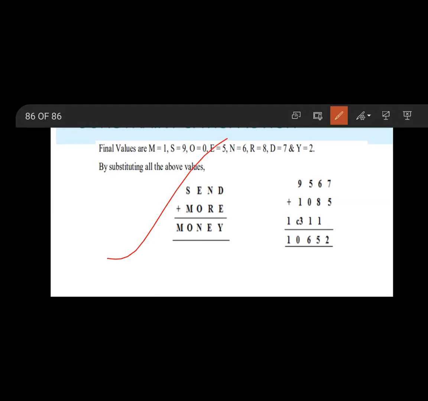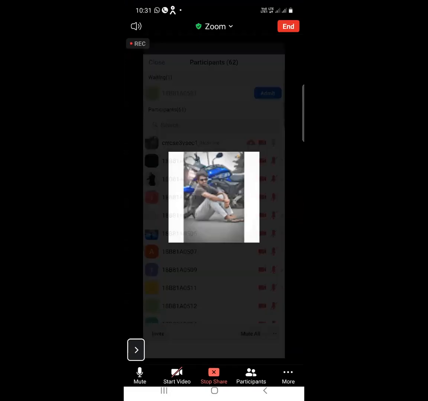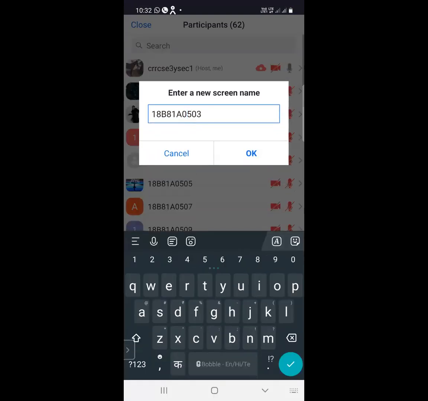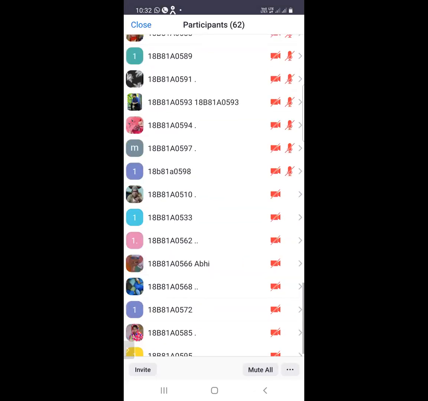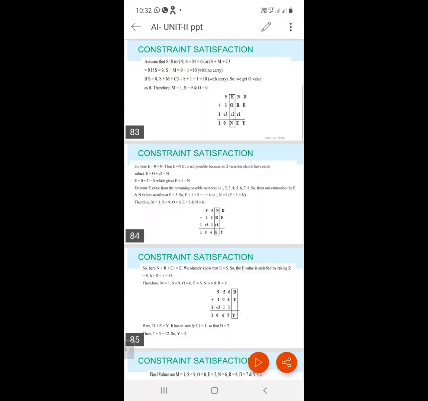The constraint satisfaction example: SEND plus MORE equal to MONEY.